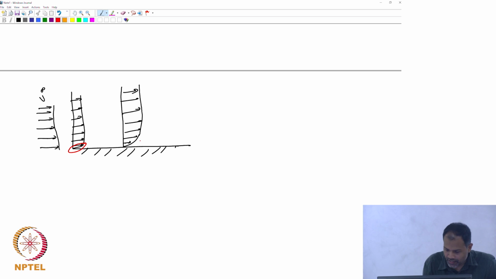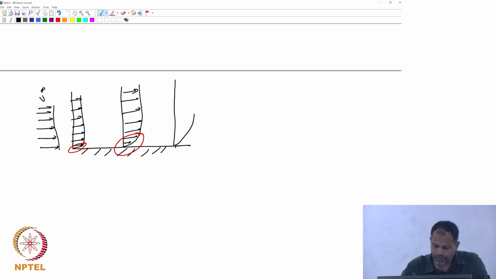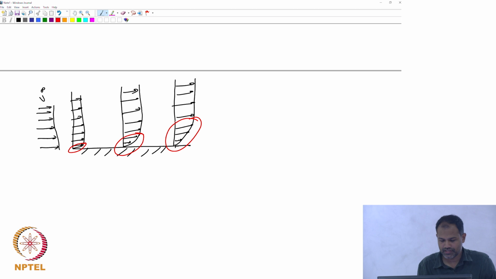That much is the region which gets affected by the solid plate, and that will keep going. In other words, the thickness of this layer would keep expanding. Now it is even larger.